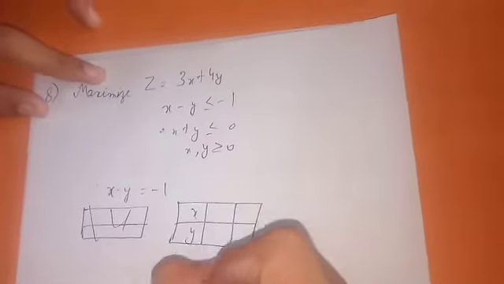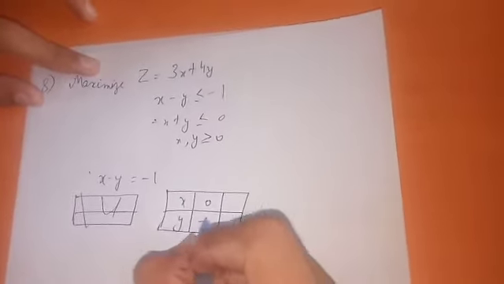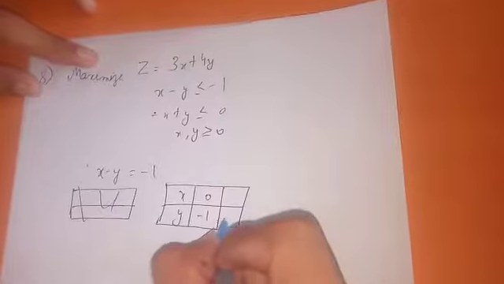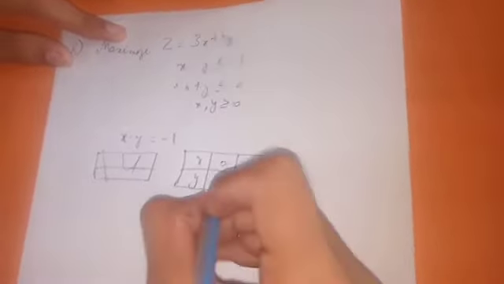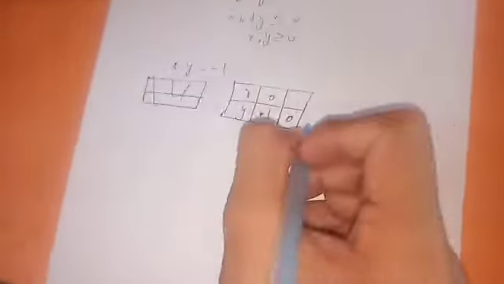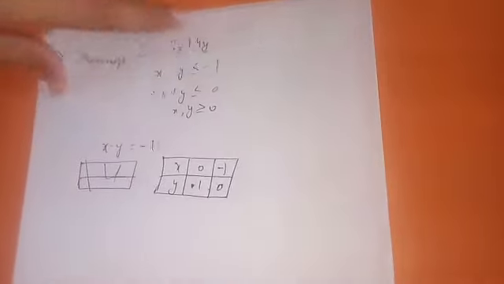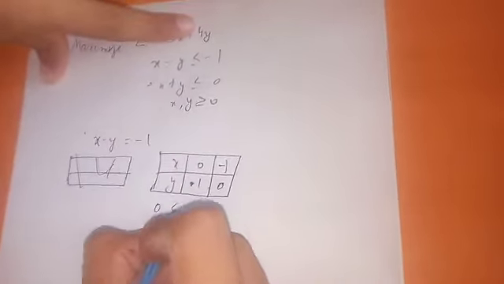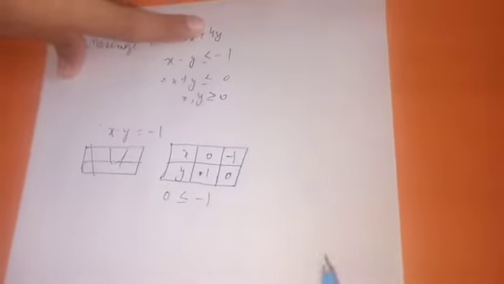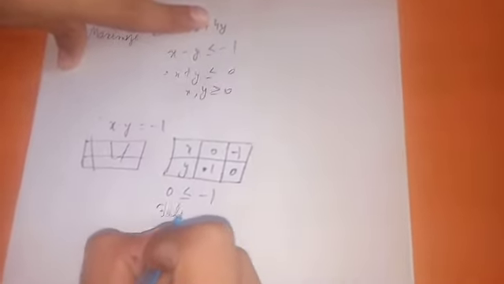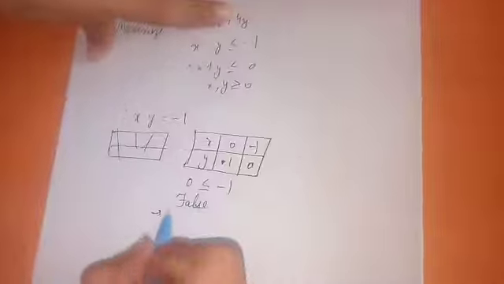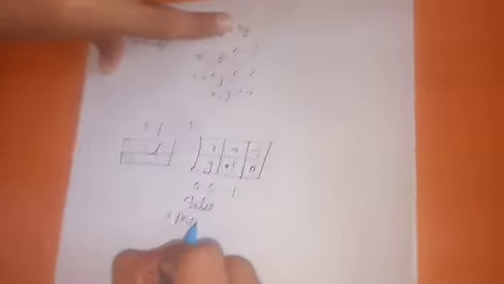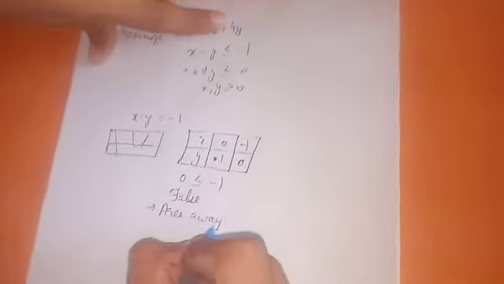For x as 0, y we get minus 1, sorry, if x is 0, y will get 1, positive 1, and when y will be 0, x will get minus 1. Okay, now origin test we'll do. If we do origin test, what will we get? 0 is less than or equal to minus 1, which is false. False means our feasible region will be the area away from origin.